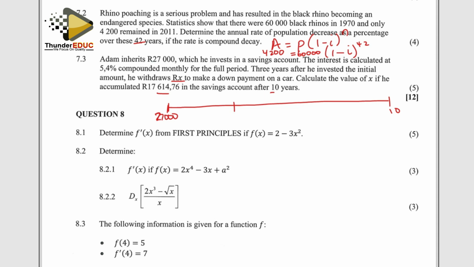Then at year number 3, there is a certain amount of money that was taken out. This went for 10 years, then this went for 7 years. After 10 years, we had 17,614.76. How much did this person withdraw?